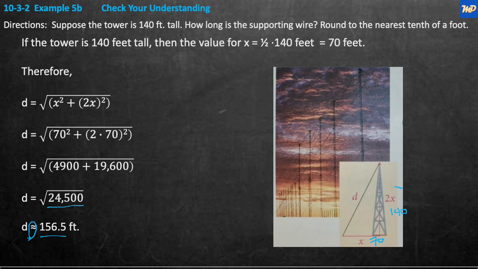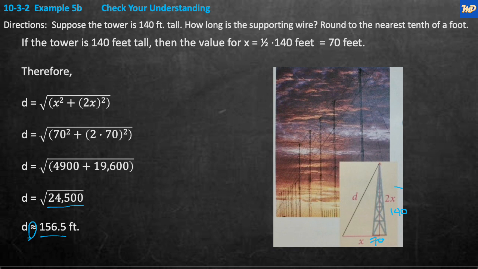If you'd like to do it, I will take the calculator right now, and I will say the square root of, what was that? 24,500 is 156.524758. Okay, I'll write it right in here.